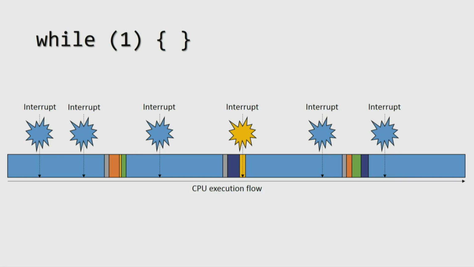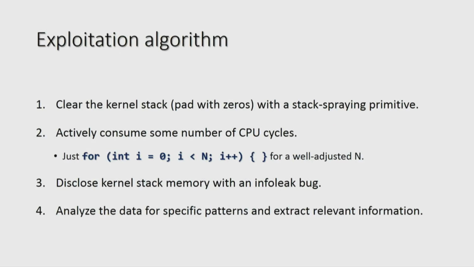In this example, we have 6 interrupts, and 5 of them occurred within the execution context of our thread. So the exploitation algorithm would be to clear the kernel stack first, meaning padding with 0 using the stack spraying primitive that I talked about before. Then try to consume some number of CPU cycles, which is very simple. We just run a very long loop.